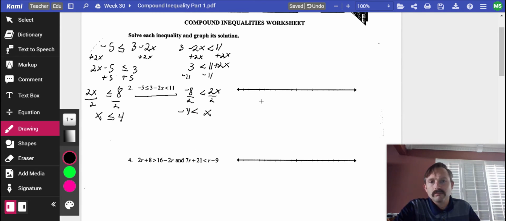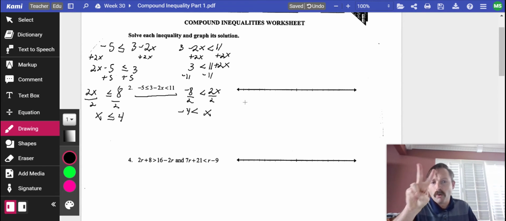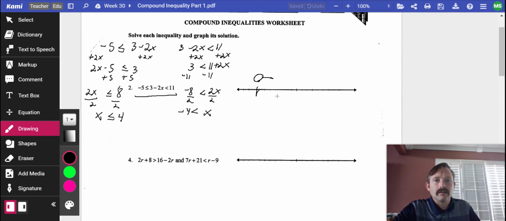All right, since this is a compound inequality, we're going to have at least one point, but in this case we have 2 points. We have a -4, so I'm going to put a circle right here, and it's going to be open, and I know I'm going to go this way. Now I'm going to write -4. Over here, I know I'm going to be less than or equal to 4, so I'm going to fill it in and draw it this way.